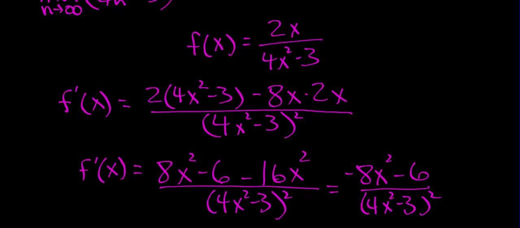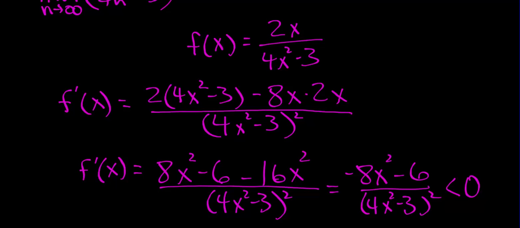Now, if you look at this, the bottom is always positive. 4x squared minus 3 squared, that's always positive because it's squared. The top is always negative. So this thing is always less than 0. Always.